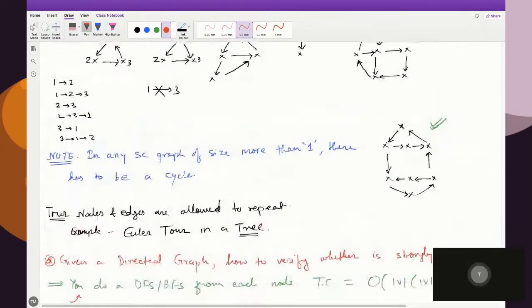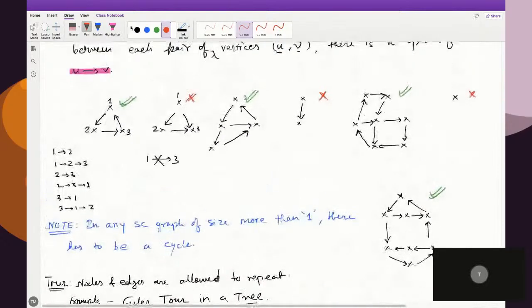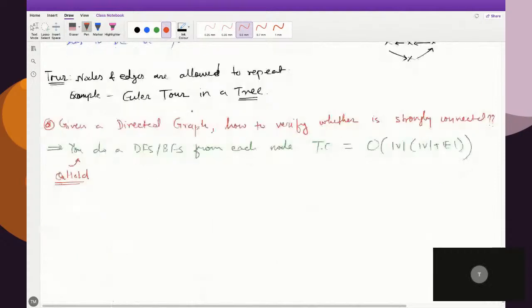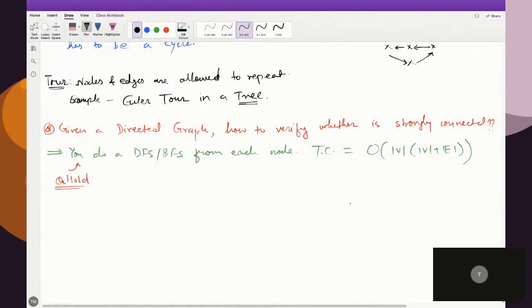Let us take any directed graph which is not strongly connected. For example, this itself is a DAG, there are no cycles. So let me take another example.